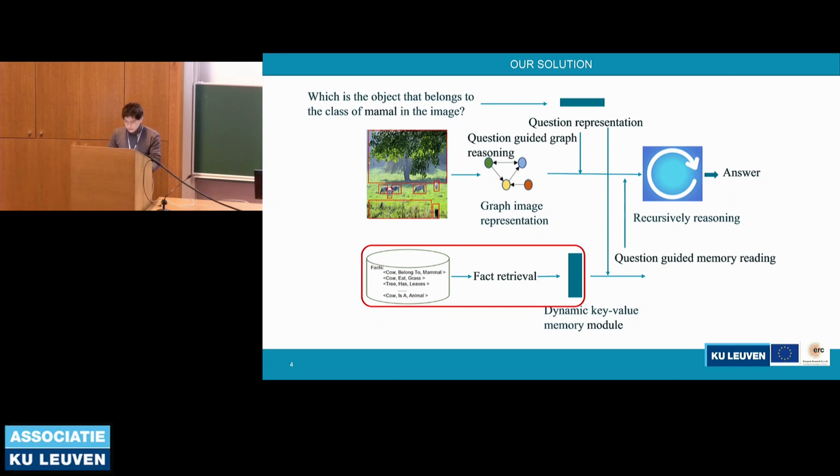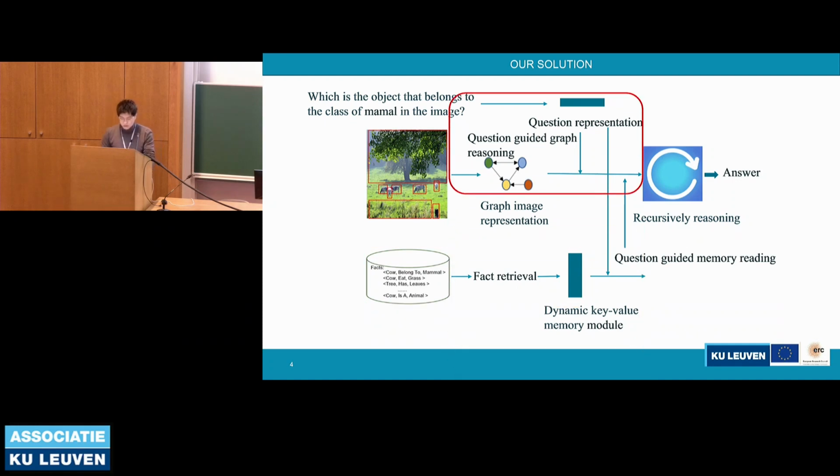In our solution, we first use neural networks to get the question representation. Then we use this representation to guide the image graph to update its node and edge representations.